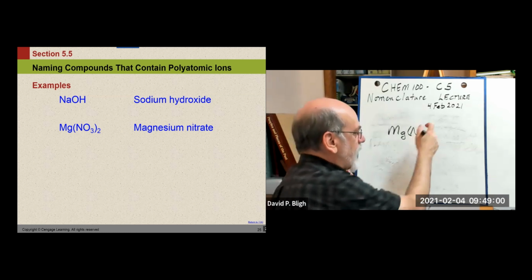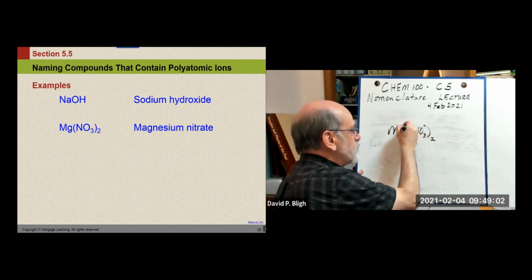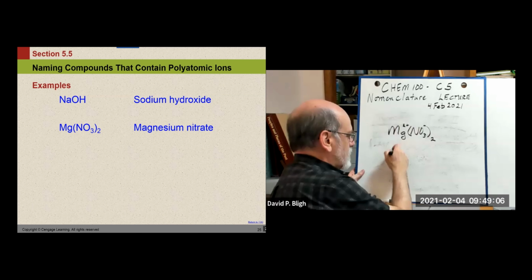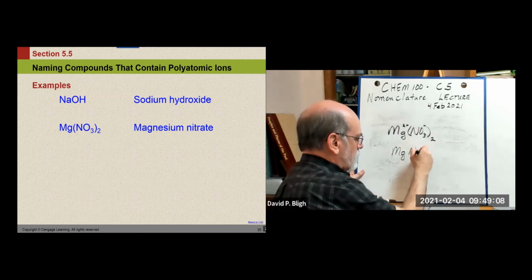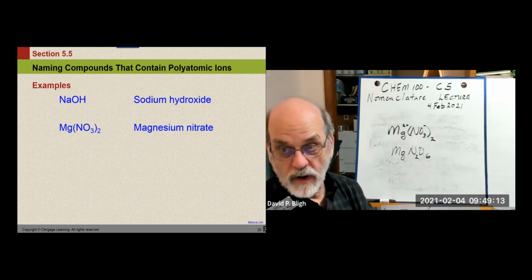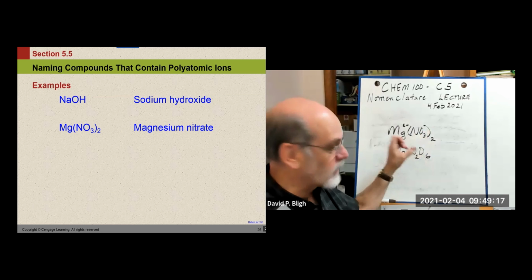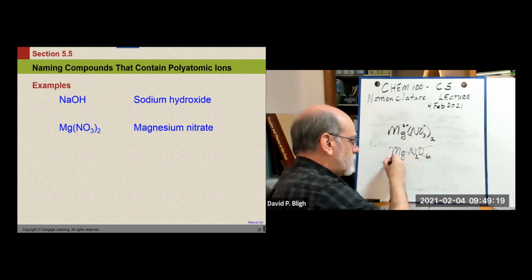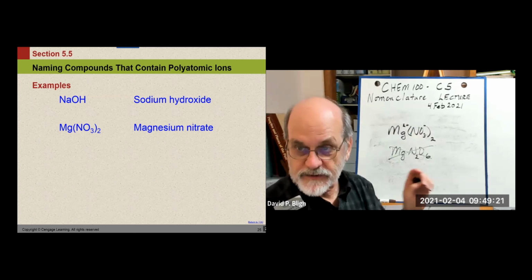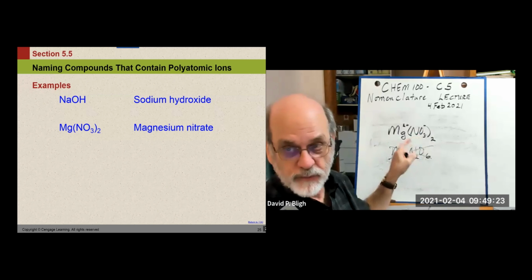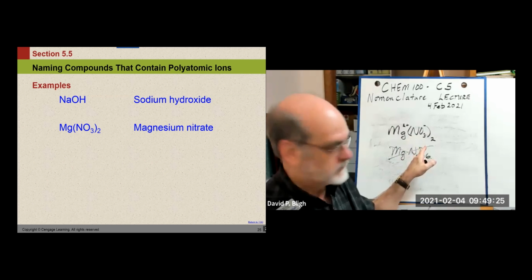So if nitrate has a -1 charge and this is a 2+ charge, you can't write it that way, right? If you need 2 of these negatives, you have to hold it together in the single unit and use parentheses to get more than one of them.